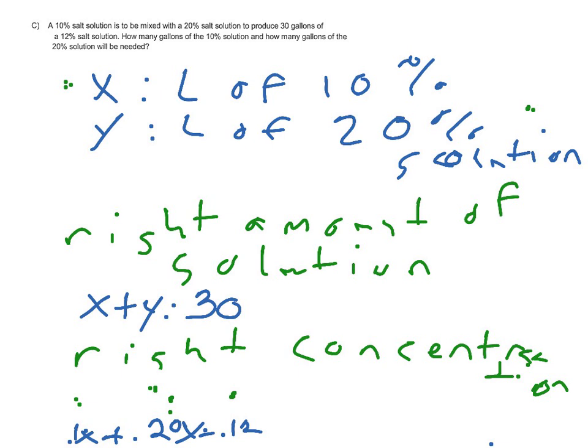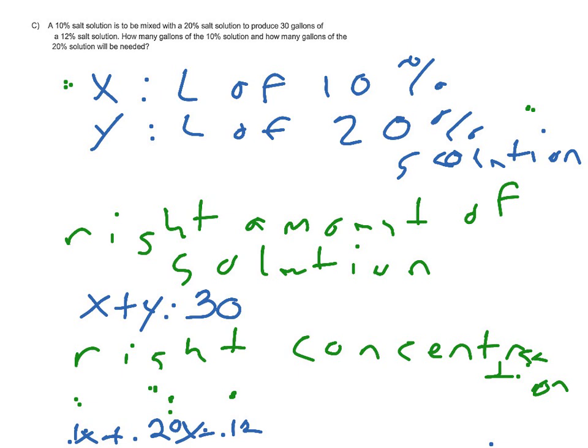But how many liters of salt is there in the resulting solution? It's 12% of how many liters in your mixture? Would I do 30 times point? Good. 3.6.